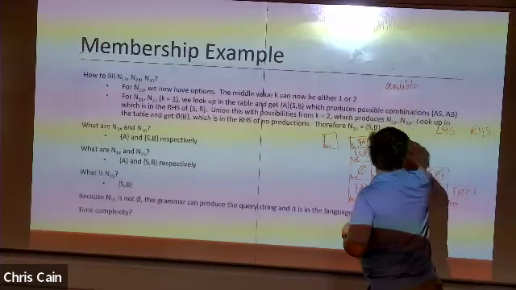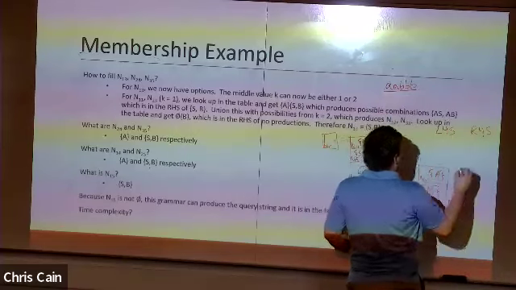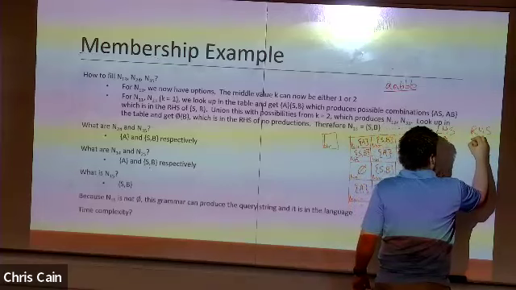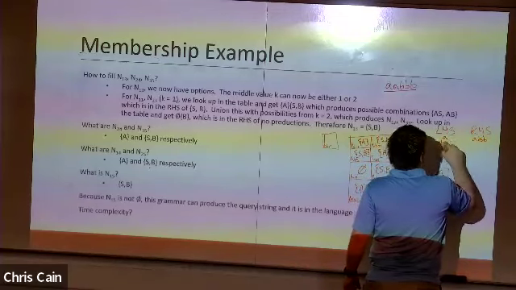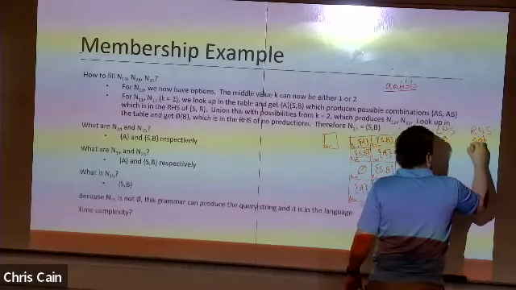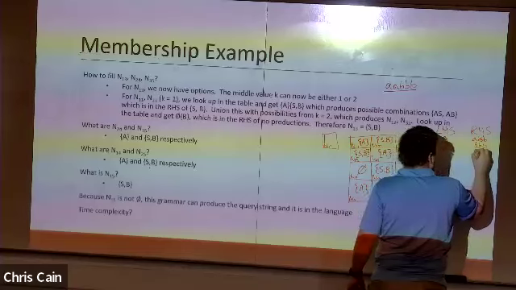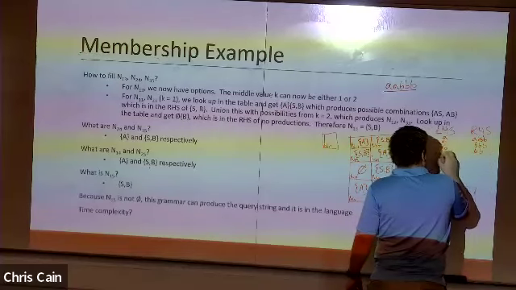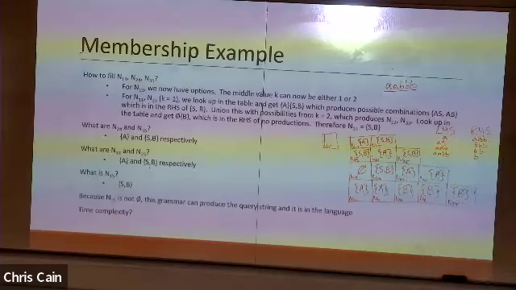All right, we're looking at the whole substring, which means that there are 4 places we could break this. We could do A and B, B, B. We could do A, B, and B, B. And we could do A, B, B, and B. All of these things, where could they come from?